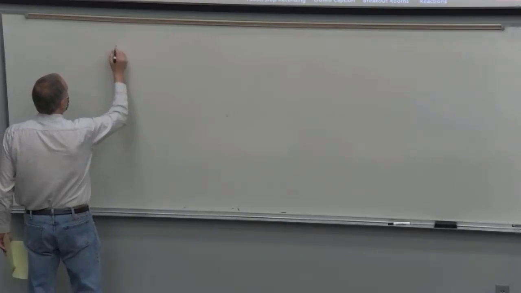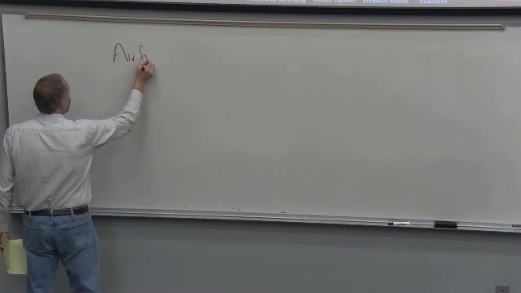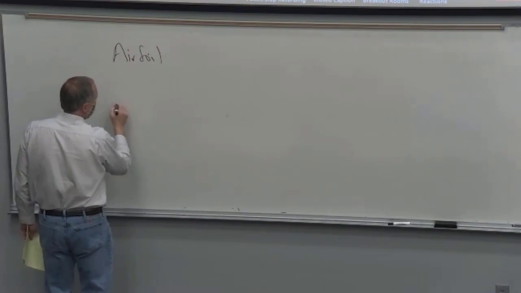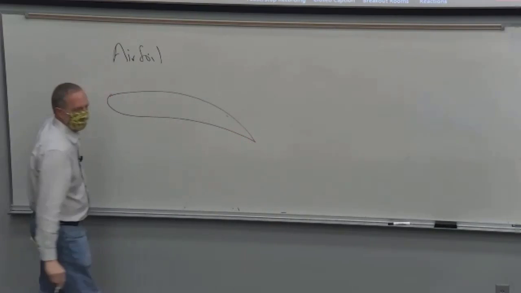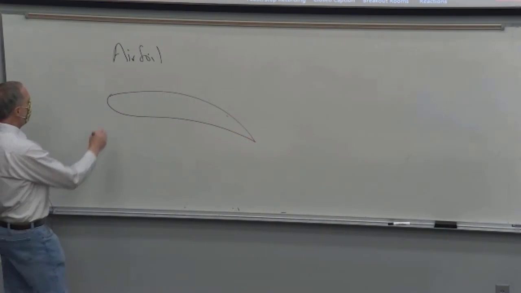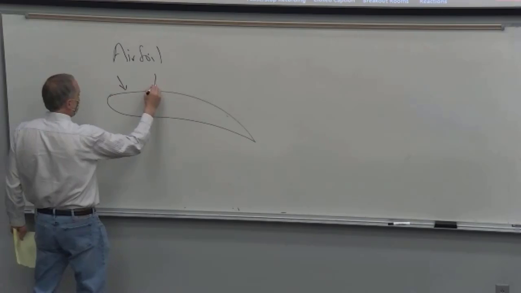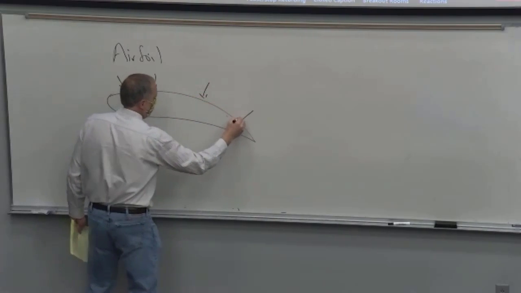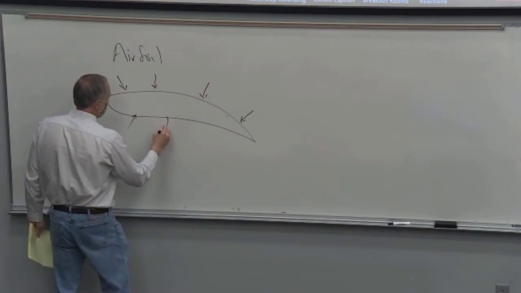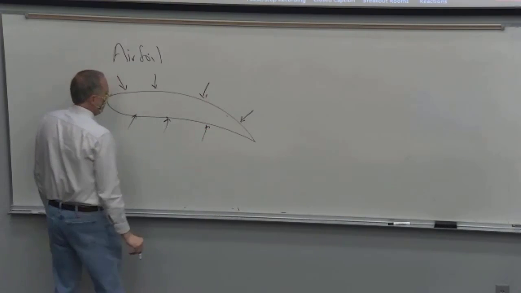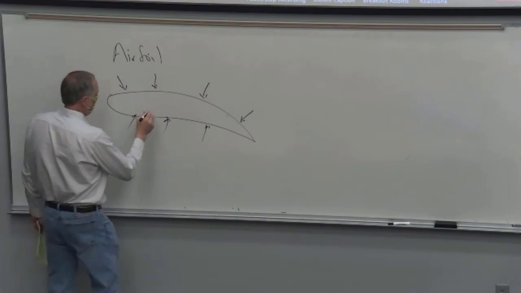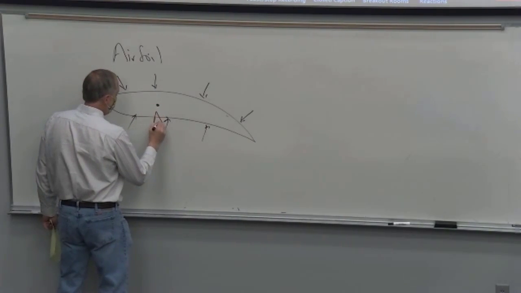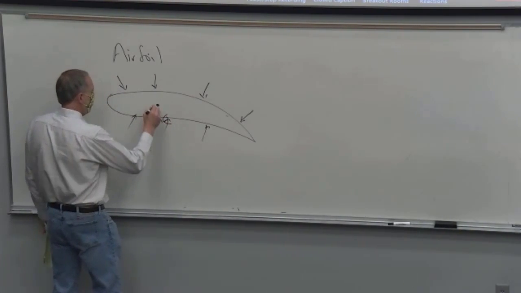Okay, with an airfoil, we've talked about the force and moment model of the distributed load. There's pressure forces all around the airfoil. And we want to resolve them into a force and a moment, just like any other distributed load. And we found out the best place to do that is about the aerodynamic center.